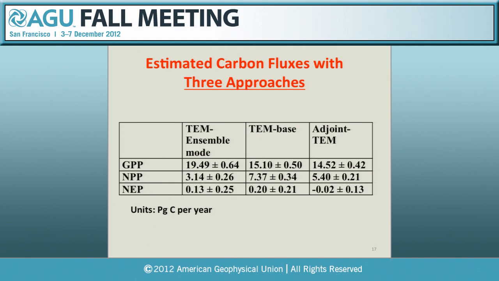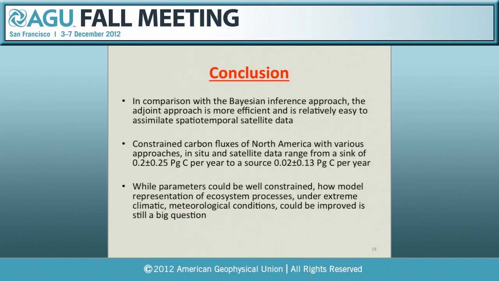But adjoint TEM, considering the model GPP, which constrains the spatial variability in the parameters, rather gives you a source, minus plus. So again, this is not really constrained; rather, the uncertainty is still even larger. Then we've done nothing.